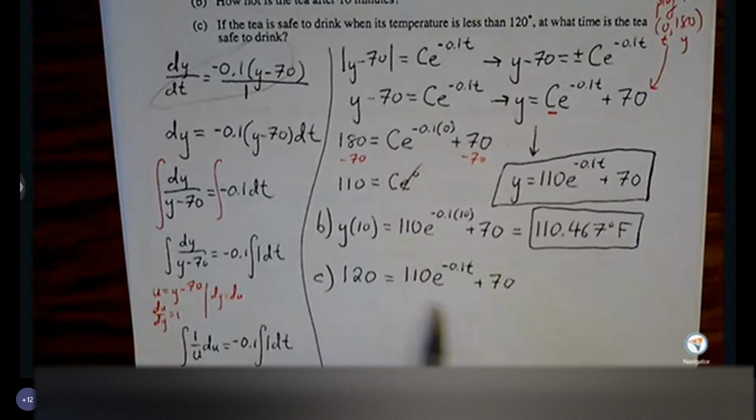Okay, so algebraically, I'm going to subtract 70 from both sides, divide by 110. I'll take the natural log of both sides so you get this exponent to come down, and then we can solve for t.